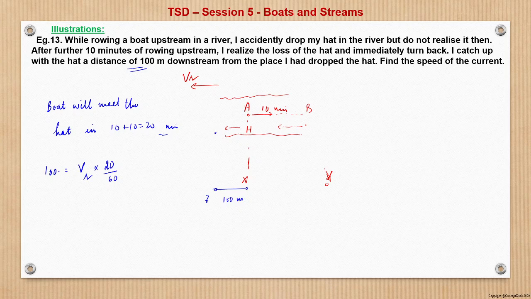This is also in meters. So basically, this will be 20 into 60. So it becomes 100 upon 1200. So this becomes basically 5 meters per minute, the velocity of the river.